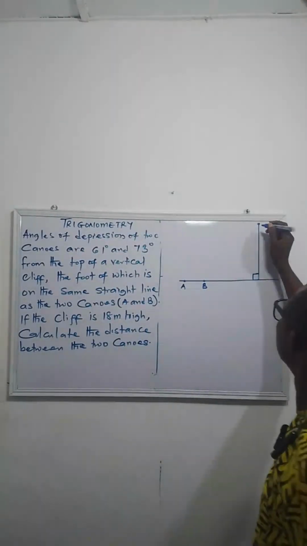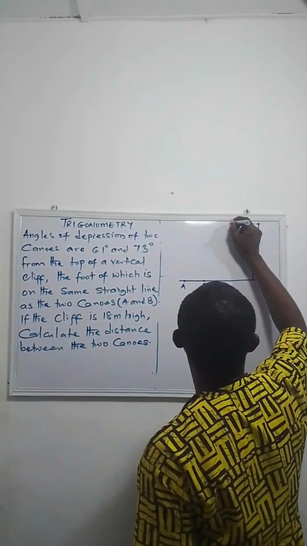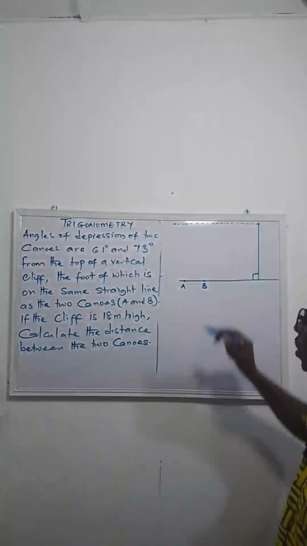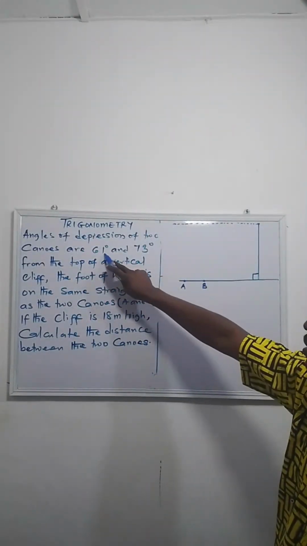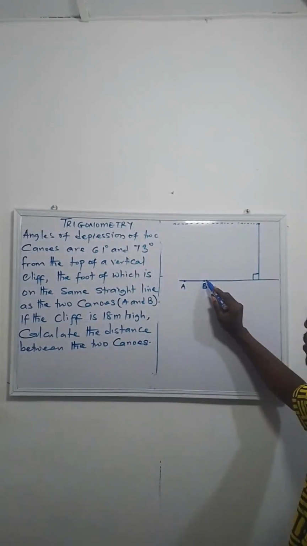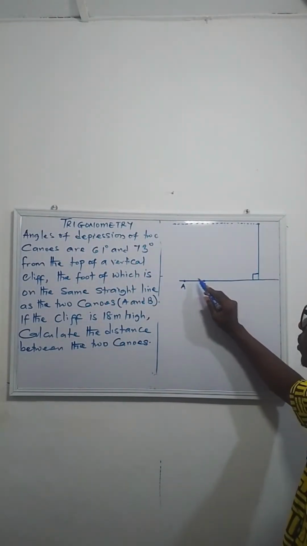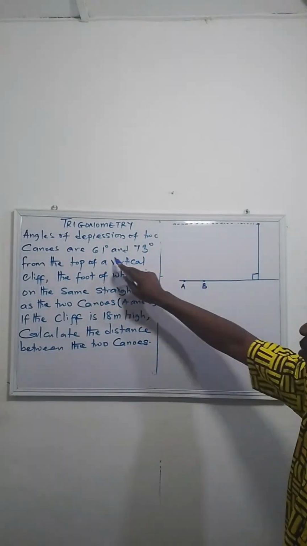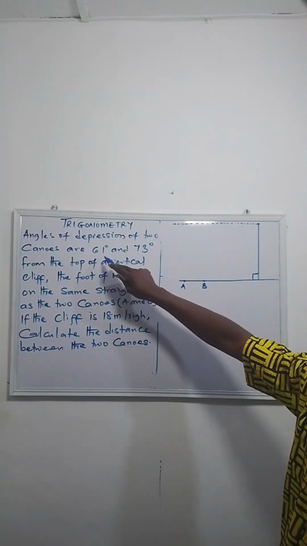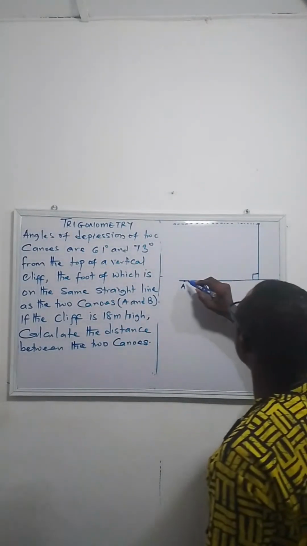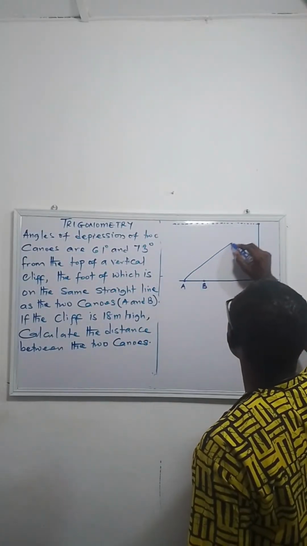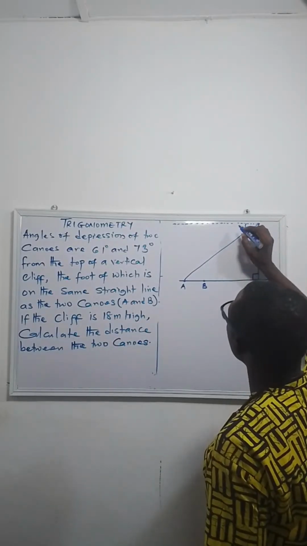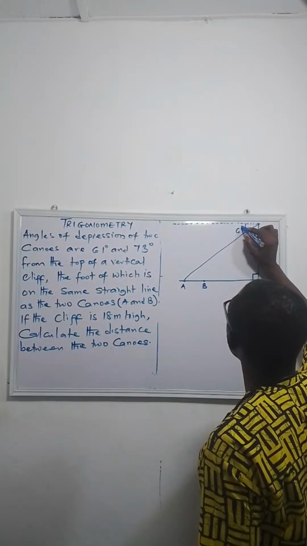Now let's look at it. The observer has an initial view looking straight. So the first one, the observer needs to look at the first point here, A. At what angle of depression? 61 degrees. So the observer must have turned his head by 61 degrees.